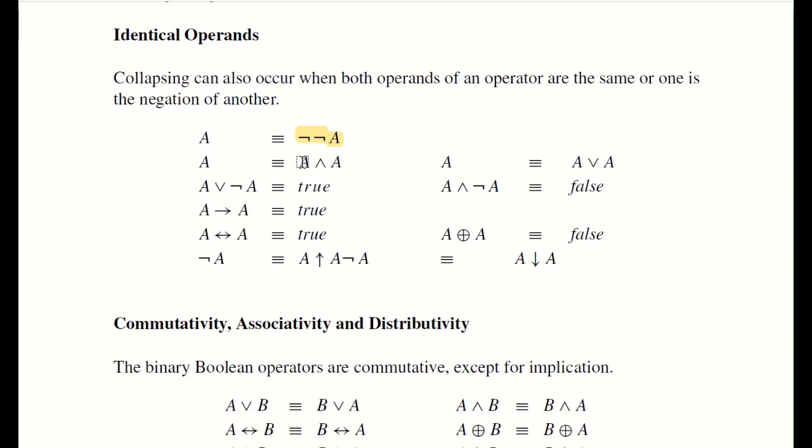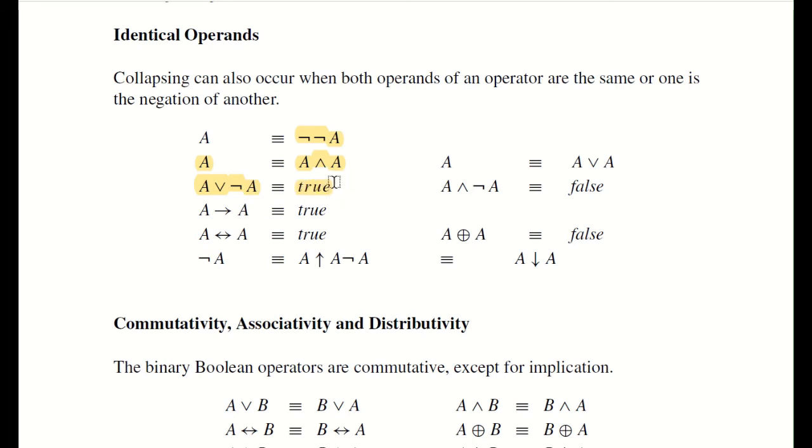If we have a conjunction of the same operands, we write it only once. If we have a disjunction of a statement and the same negated statement, we get true as a result.